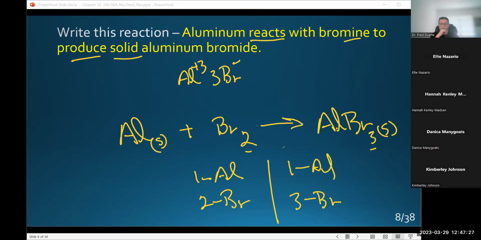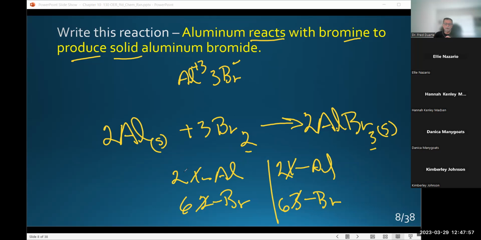And so 6 again would be a common number. If we put a 3 in front of bromine, that gives us a total of 6 Brs. And if we put a 2 in front of aluminum bromide, that kicks up the Brs to 6, but that also kicks up our aluminum to 2. So that means we simply put a 2 in front of Al, aluminum, and we are balanced.